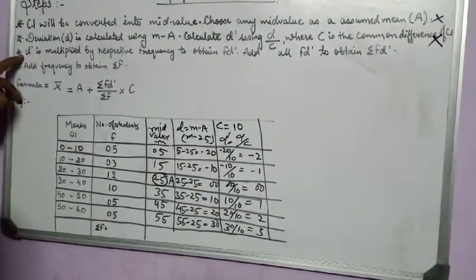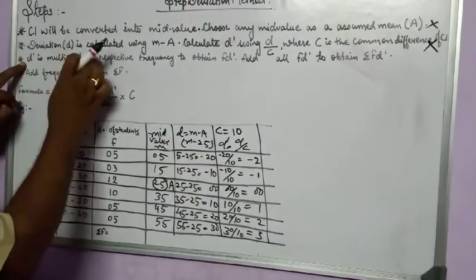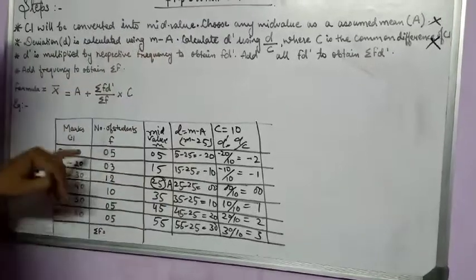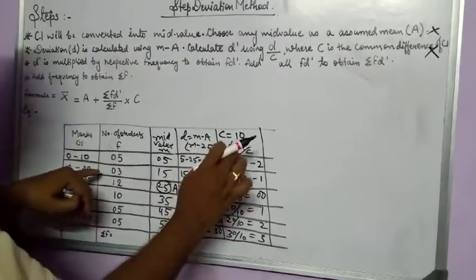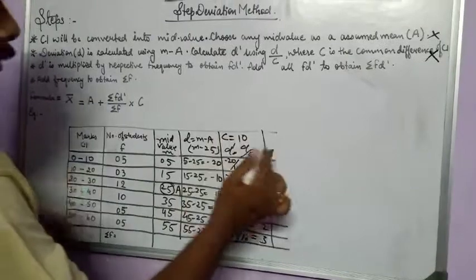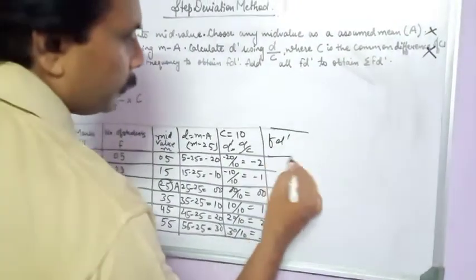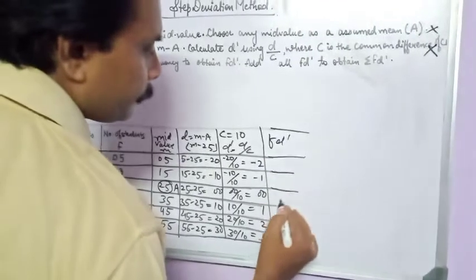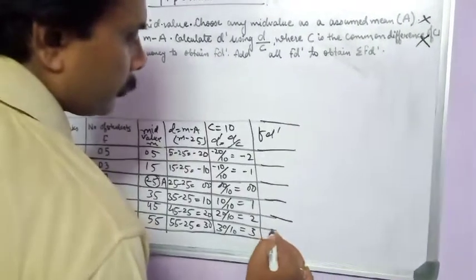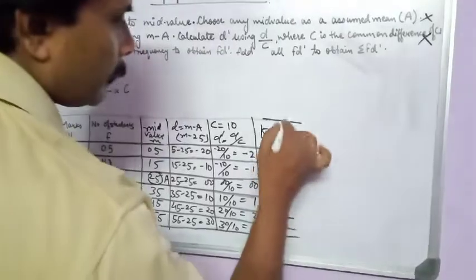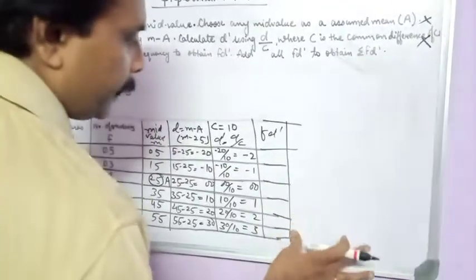Now come to this point. D dash is multiplied by the respective frequency. So these are the respective frequencies of D dash. So here FD dash we will calculate. Clear? FD dash.